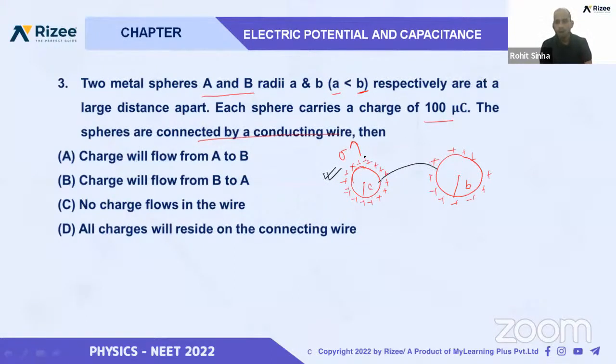Since A has a lower radius, suppose its capacitance is C1 and the other is C2. We know that C2 will be greater than C1. From here also we can write it, but the best concept is that charge density is more, so charge will flow from high density to low density till they have the same potential. What will happen? Charge will flow from A to B.